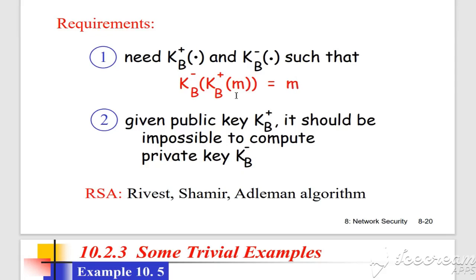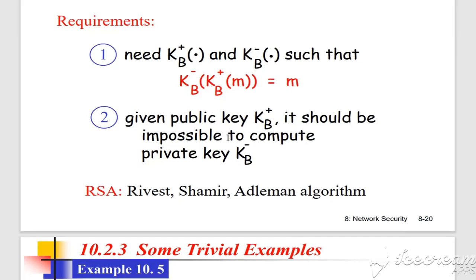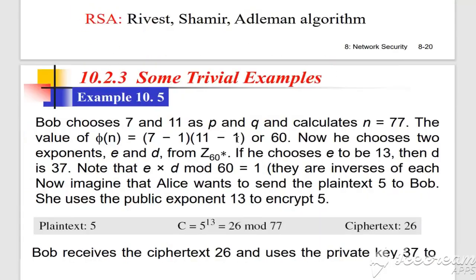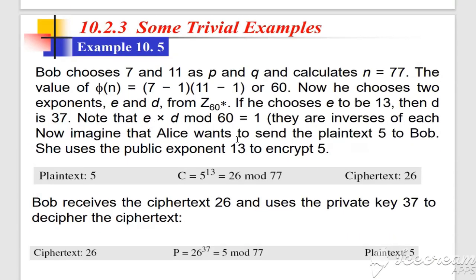The second requirement is that, given a public key, it should be impossible to compute the private key. If you come to know the public key, then by knowing only the public key you should not be able to compute the corresponding private key. These are the basic requirements. Let us come to the example so that we can understand the RSA algorithm better.